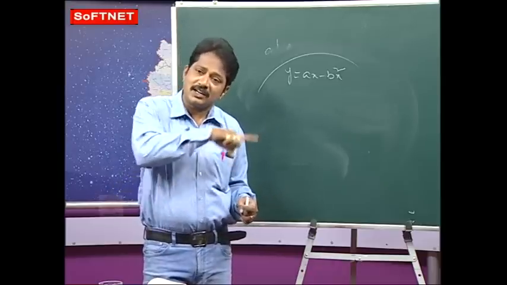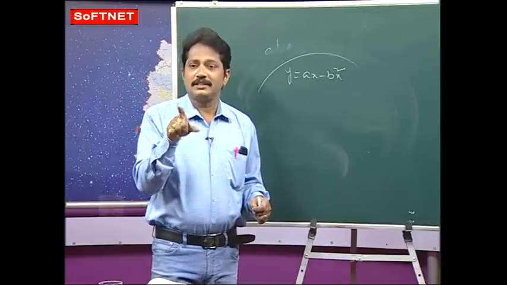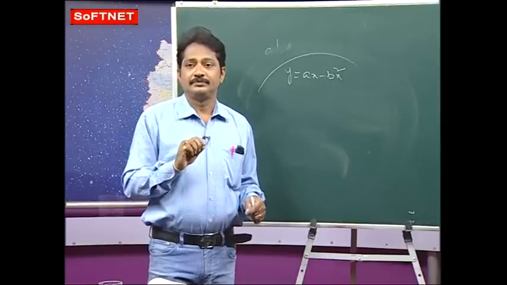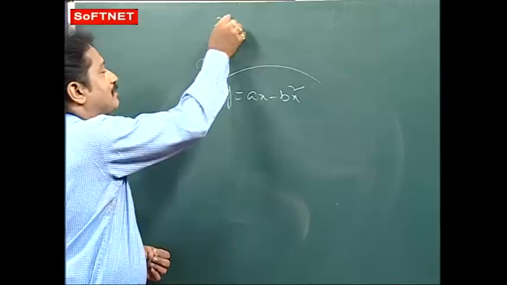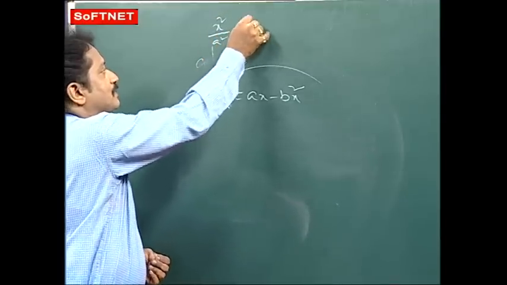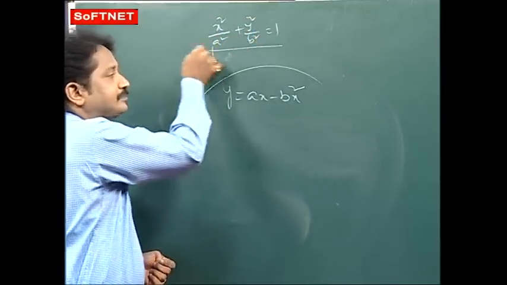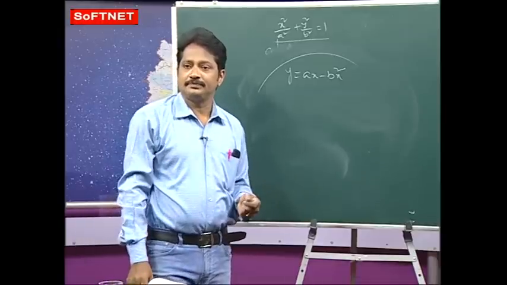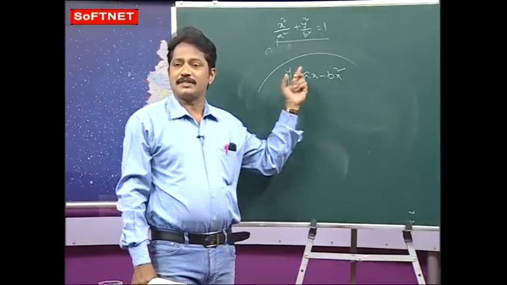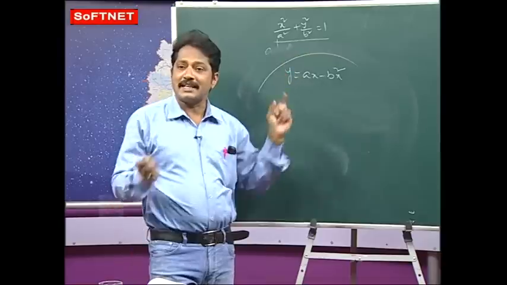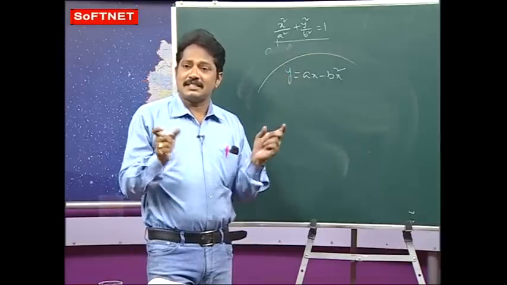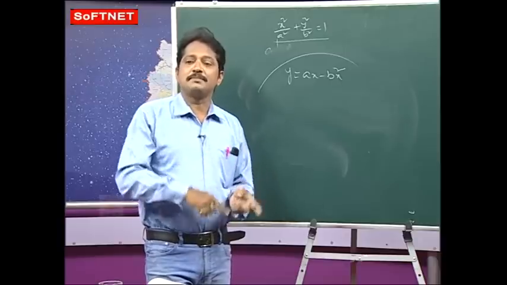The electrons revolve around the nucleus in an elliptical orbit. Elliptical orbit means x²/a² + y²/b² = 1. It's an ellipse. When a is equal to b, the minor axis and major axis lengths are equal, and this ellipse becomes a circle.